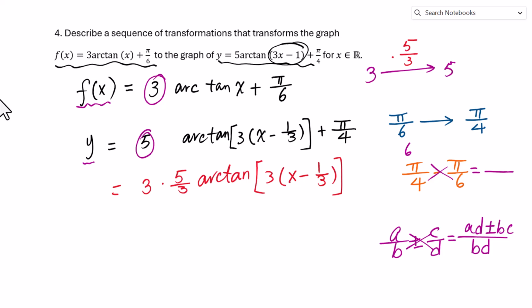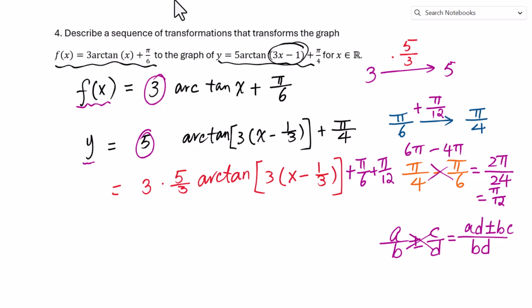We get 6 pi minus 4 pi, denominator is 24, 2 pi. We get pi over 12. In other words, pi over 6 plus pi over 12. We will get pi over 4 plus pi over 6 plus pi over 12.